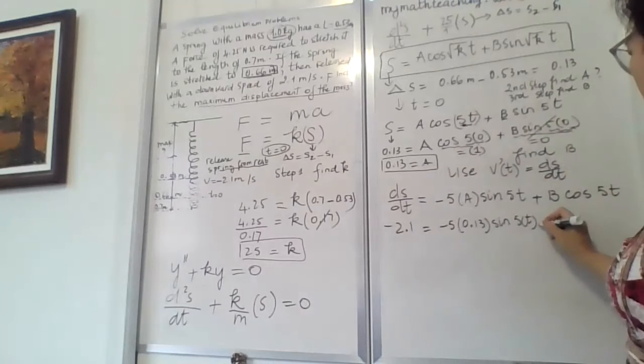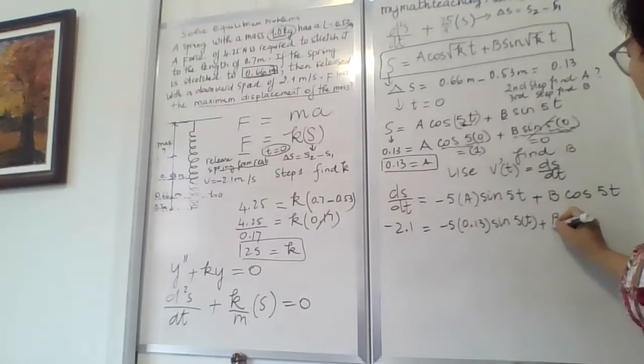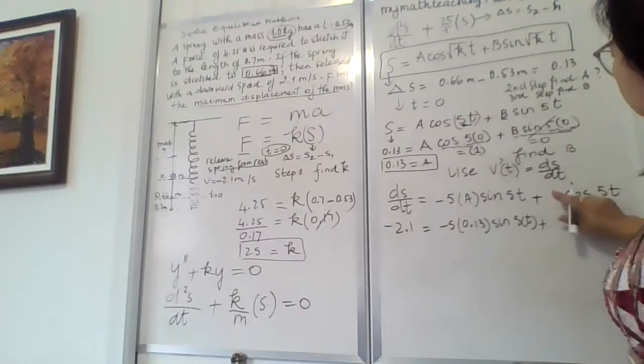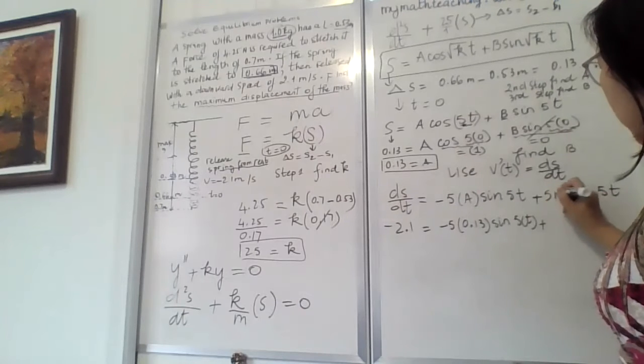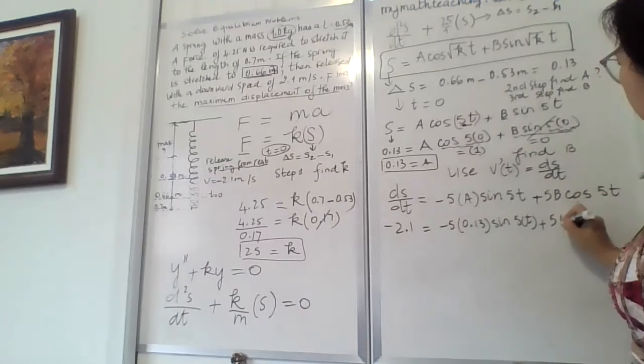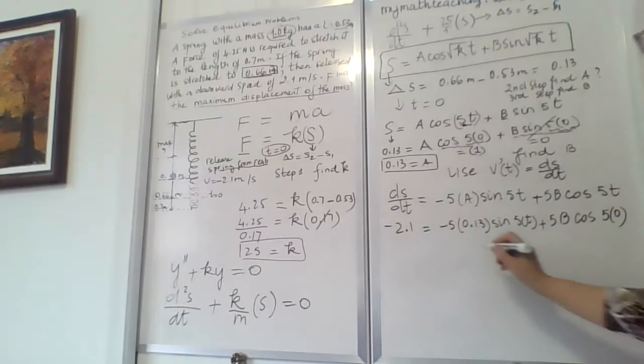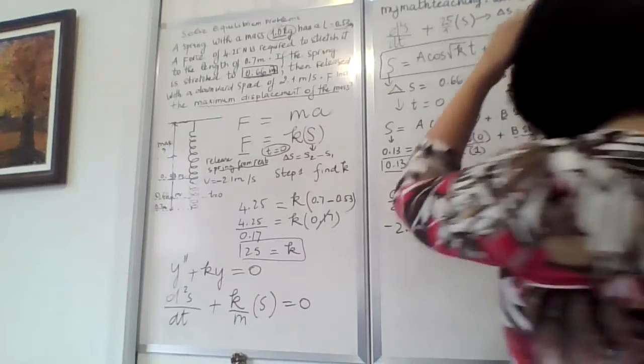So we substitute the 0 in here, adding with B, and actually that should have a 5 in front as well, 5B cos of 5 times 0, okay?